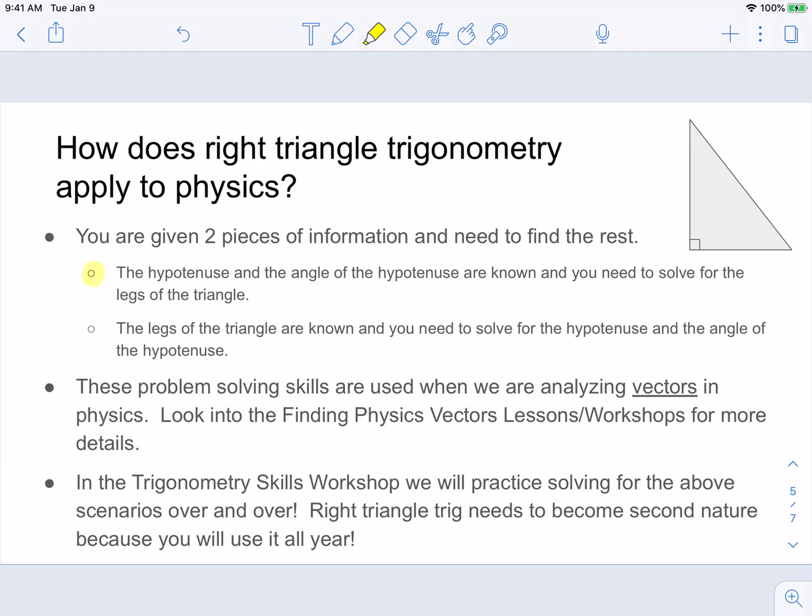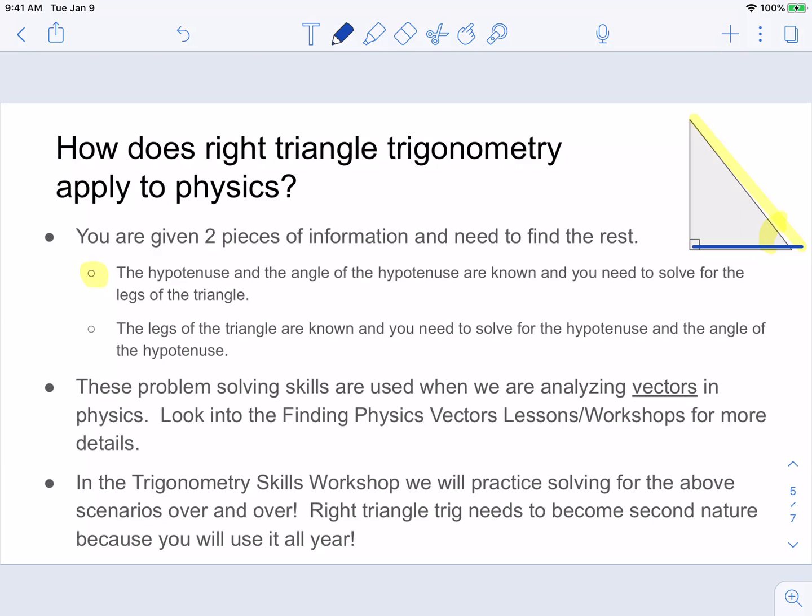The first scenario says the hypotenuse and the angle of the hypotenuse are the known pieces of information. Okay, so if I look at my little triangle, we're saying I know a value for the hypotenuse, and I know, say, this angle down here. And if I know those two things, I could solve for the legs of my triangle.